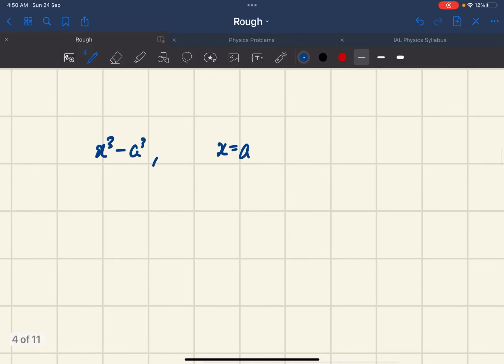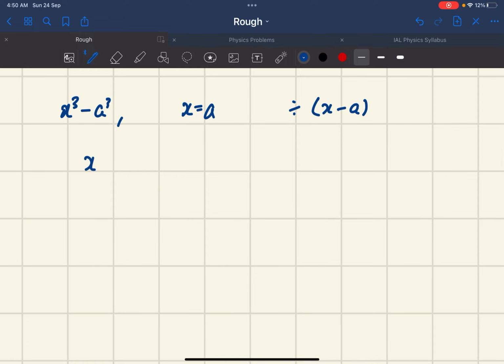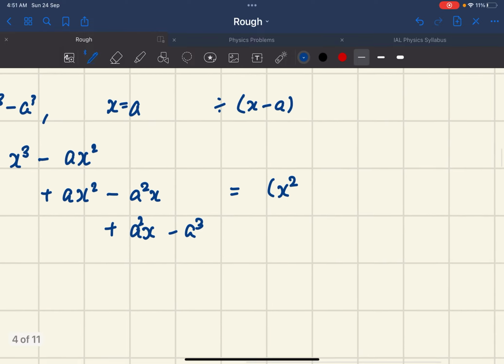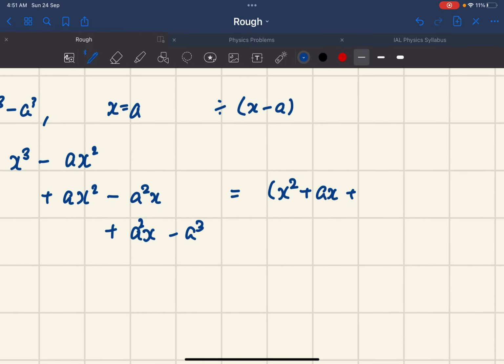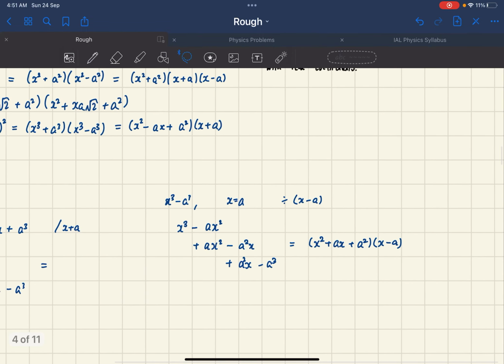So let's divide by x minus a. There we go.